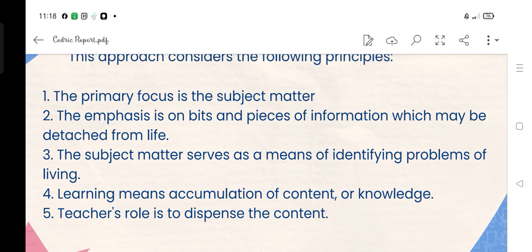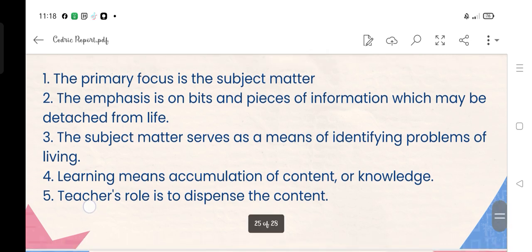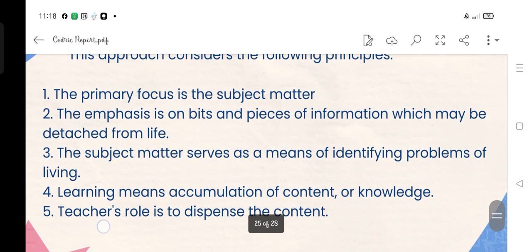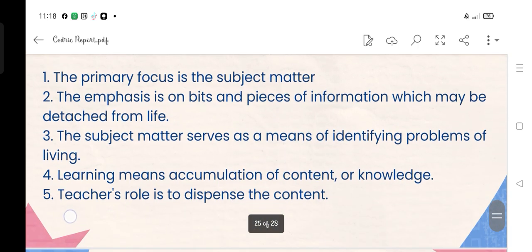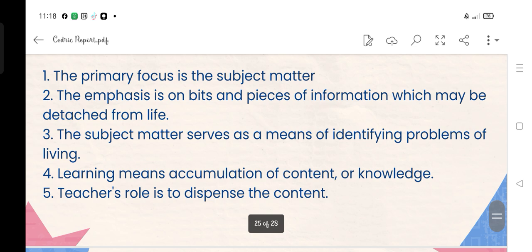And then lastly, the teacher's role is to dispense the content. So, nagfo-focus naman ito sa subjects, and the teachers just simply provide the information or the content.